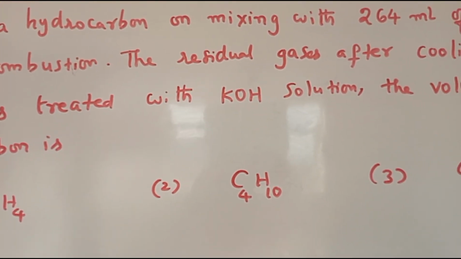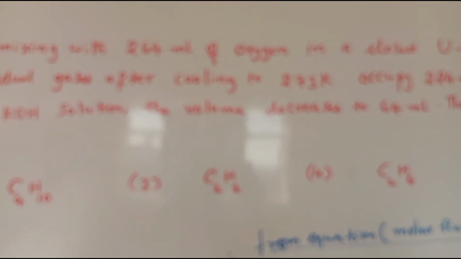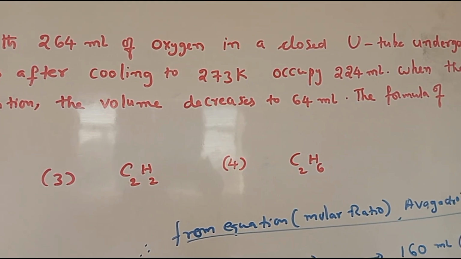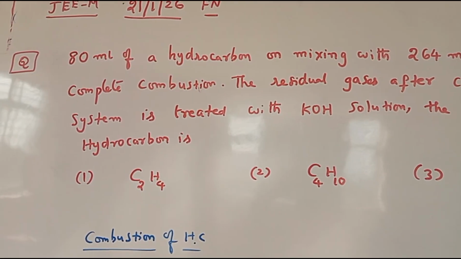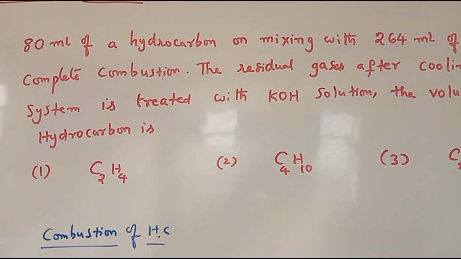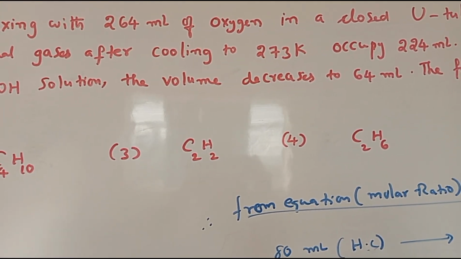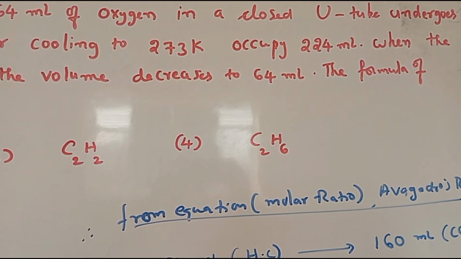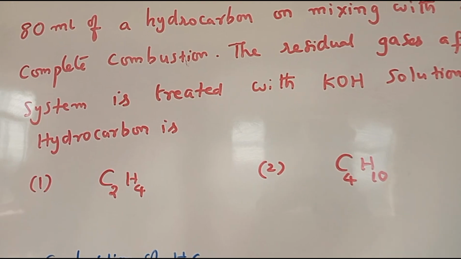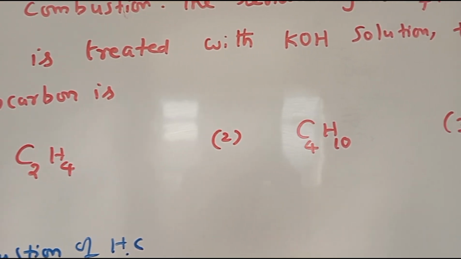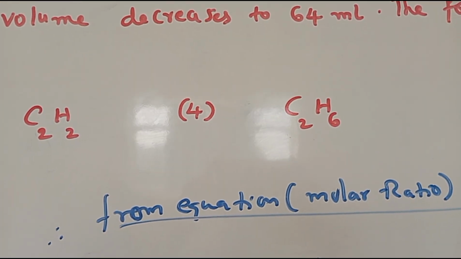The residual gas after cooling to 273 Kelvin occupies 224 ml. When the system is treated with KOH solution, the volume decreases to 64 ml. What is the formula of the hydrocarbon? These are the options: C2H4, C4H10, C2H2, C2H6.